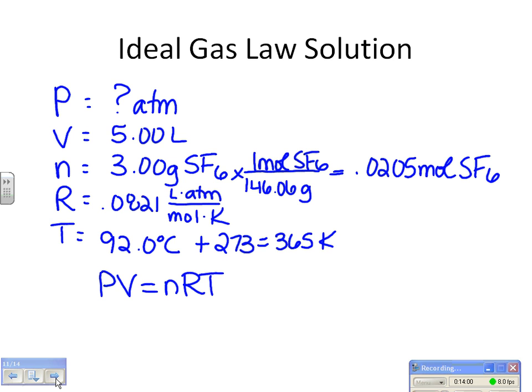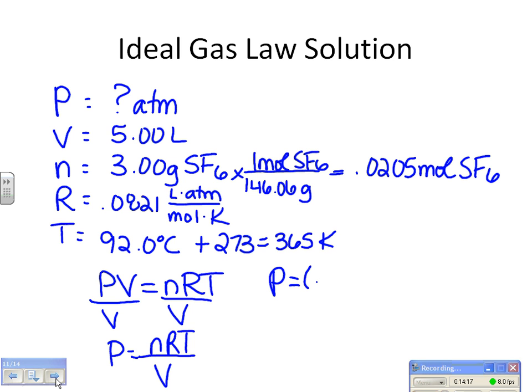There's PIV-NERT. We're solving for pressure, so let's isolate P. Divide both sides of the equation by V. P equals nRT over V. Fill in the numbers. 0.0205 moles. 0.0821 liter atmospheres over mole Kelvin.